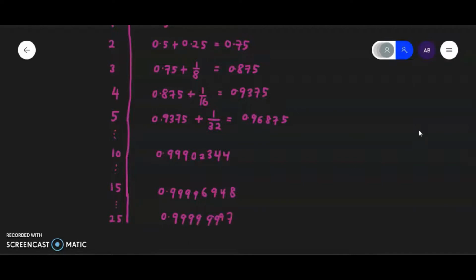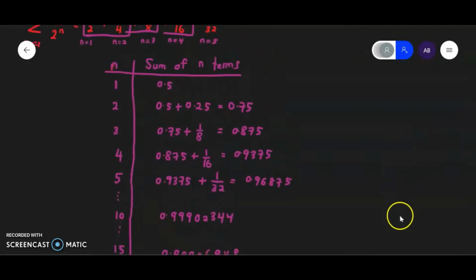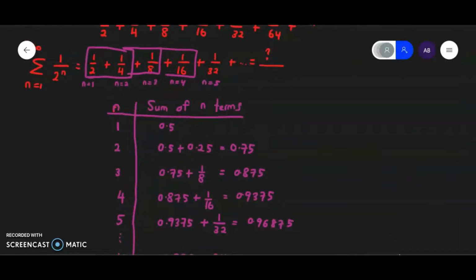So what we can say here is that as the terms are added, the partial sum becomes closer to 1. So the answer is 1. So the general series has a sum. That's what you could say.